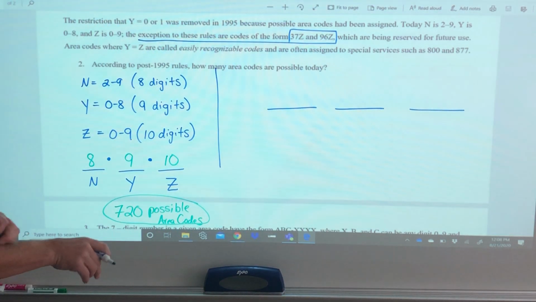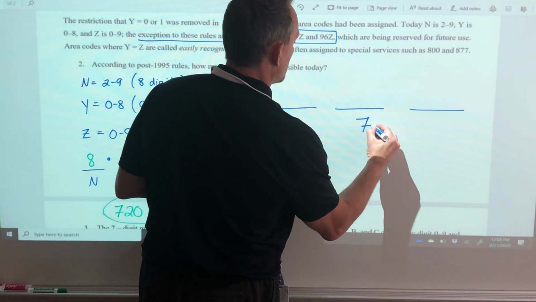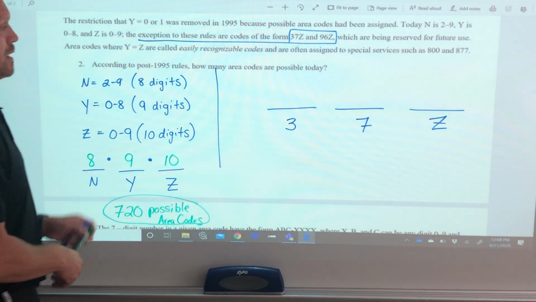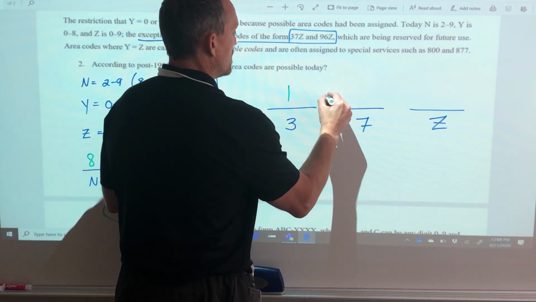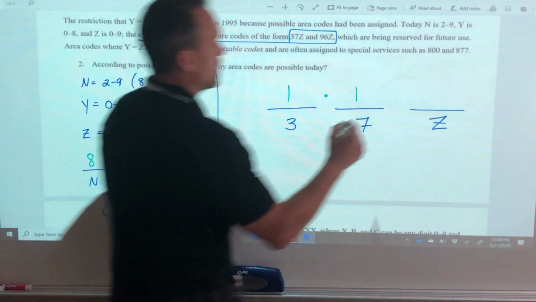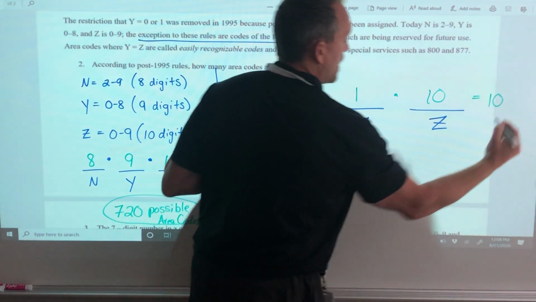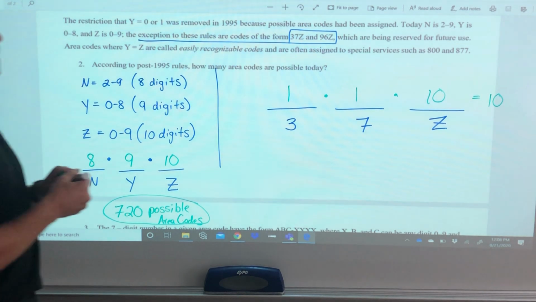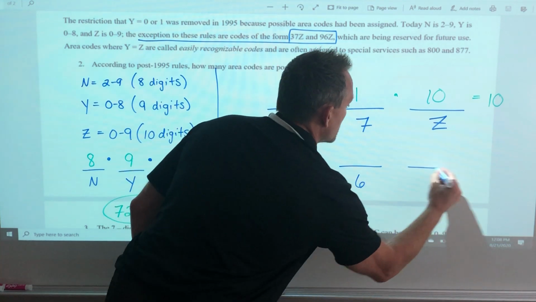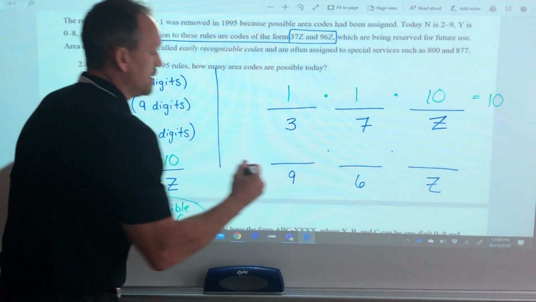These exceptions are right here, which means that our N, Y, Z, okay? So what that says is when this number here is 3 and this number here is 7, what is our Z? How many numbers is 3? 1. How many numbers is 7? 1. How many numbers is Z? 10. So that's 1 times 1 times 10 is 10. The next exception is 9, 6, Z. How many numbers is 9? 1.